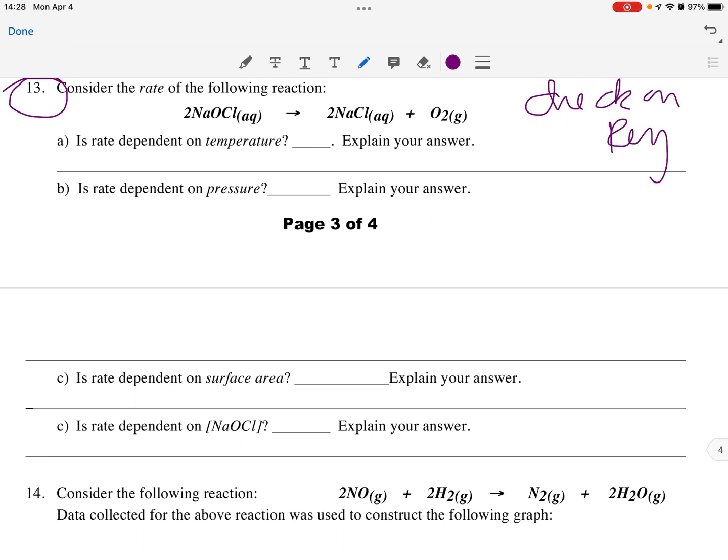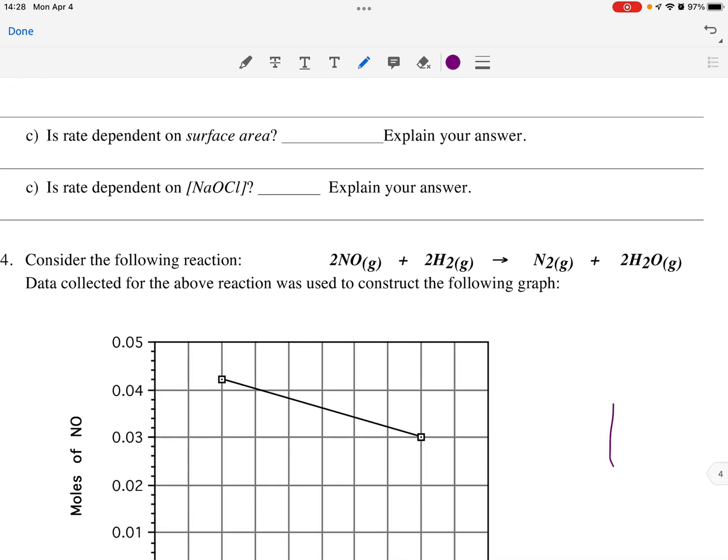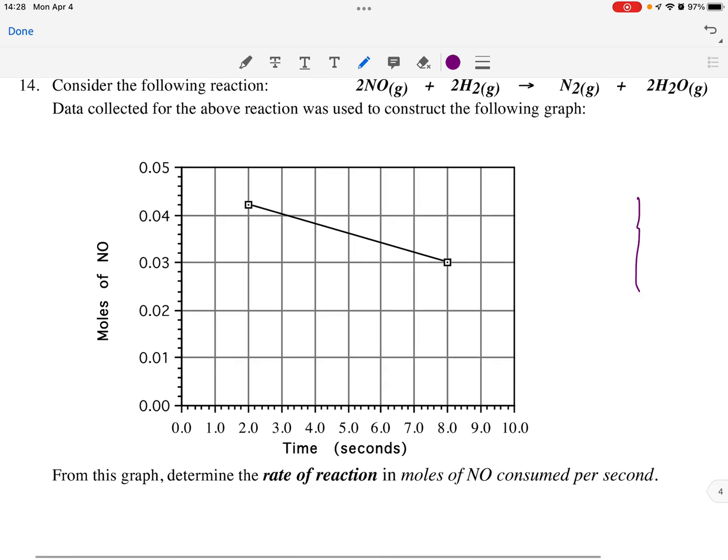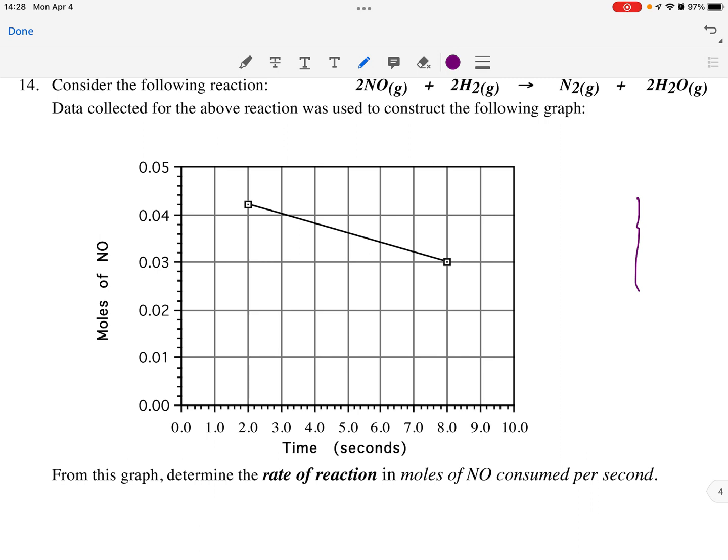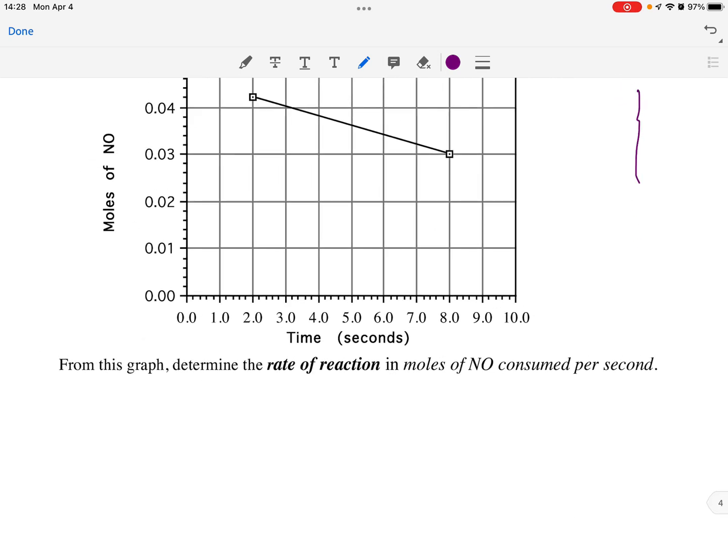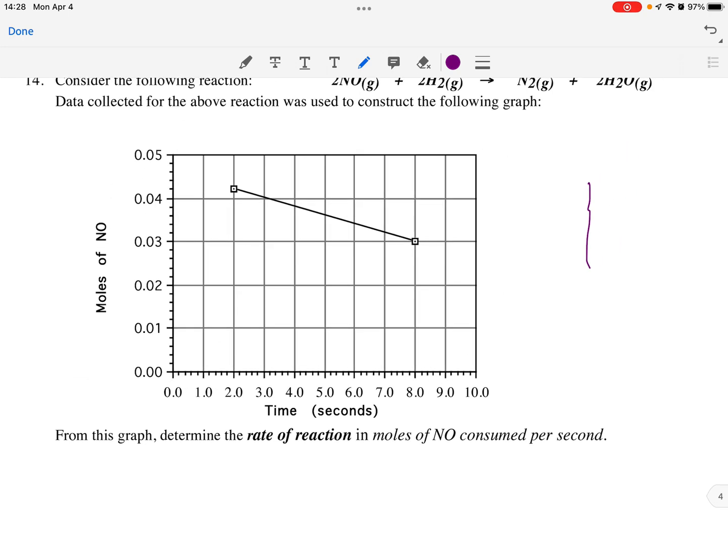You don't need me to do that either. And this one you can also do. This one is just interpreting a graph. This one's easy, so you can do this and check on the key.